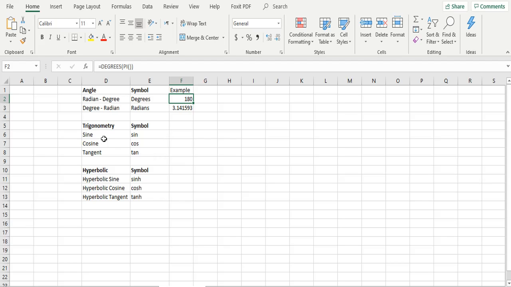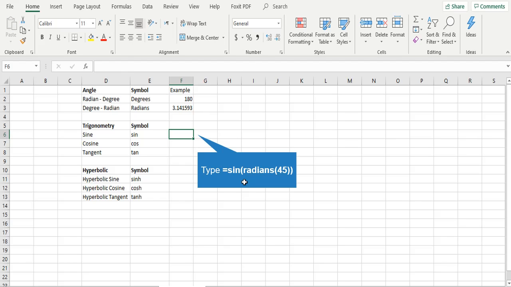And the thing that you should know is that when you want to calculate sine, cosine, and tangent, the default in Excel is that all values are in radians. That one you should take note. So for example, you want to calculate sine 45.